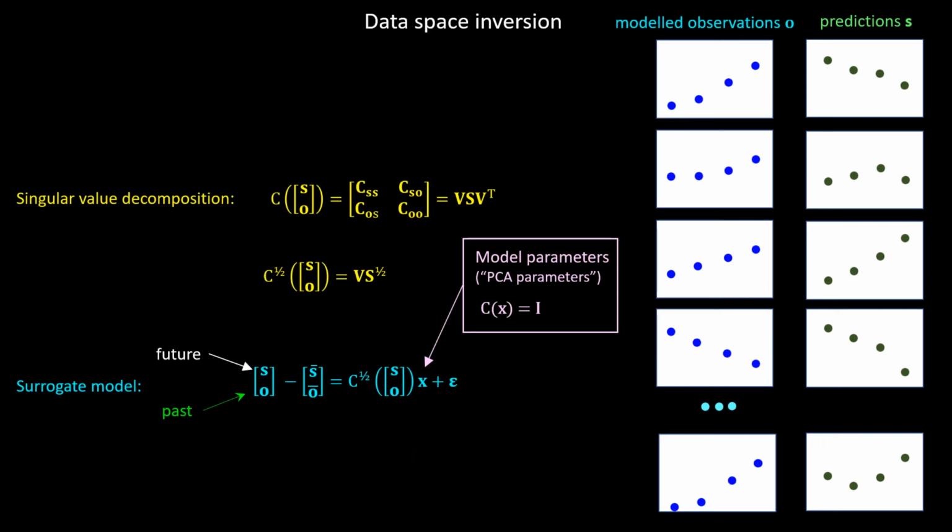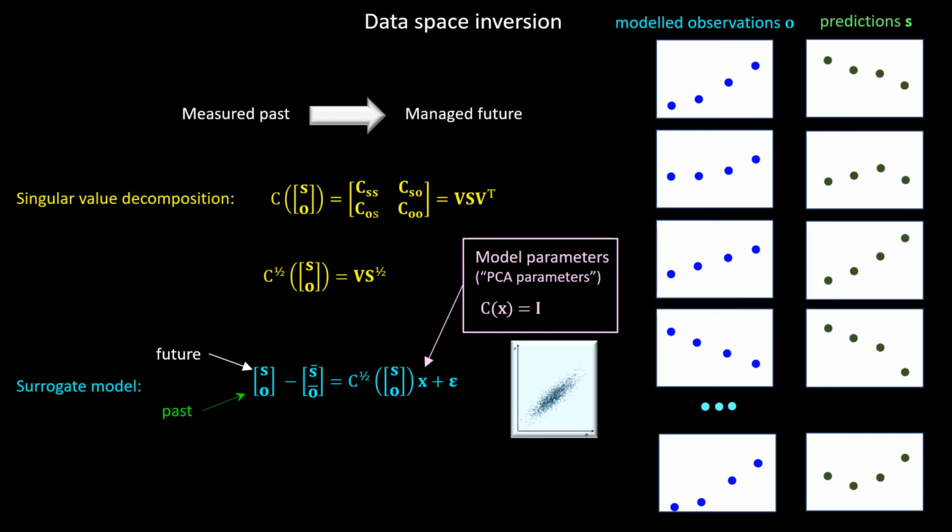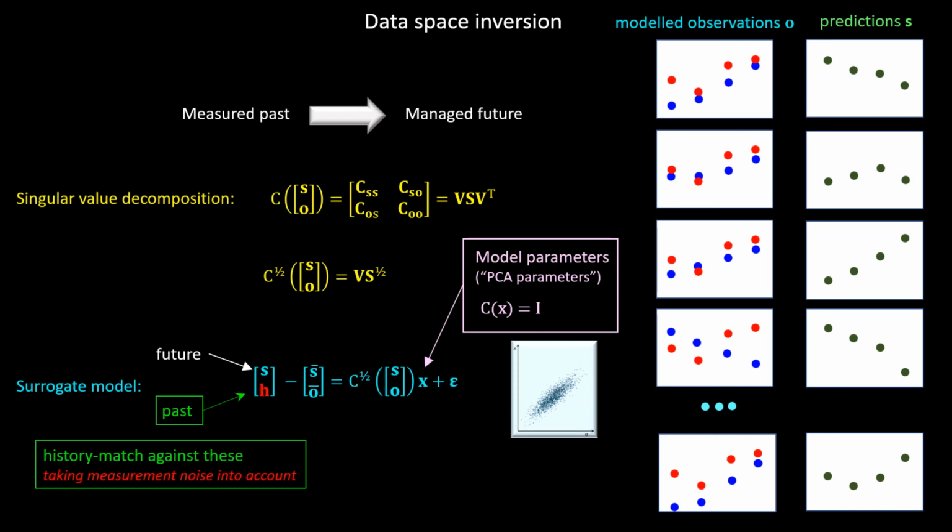But the thing about this model, even though it's a statistical model, is that it is a numerical, parameterized encapsulation of linkage between the measured past and the managed future. It is a model that replaces this statistical distribution. And then when I'm conditioning the prediction against the measured past, I history match this model instead of the big one.